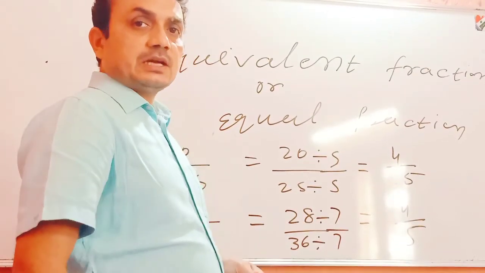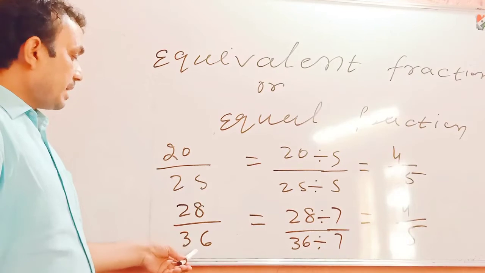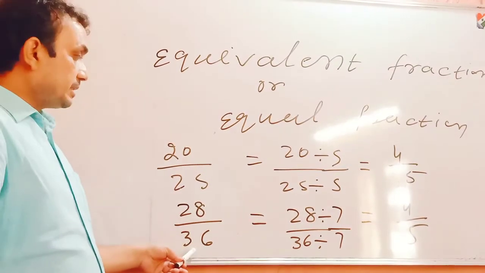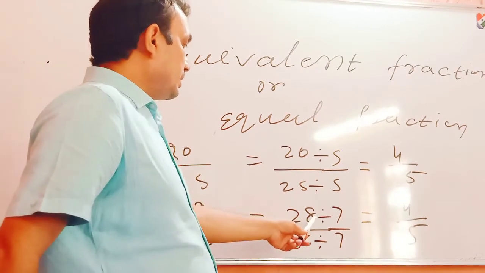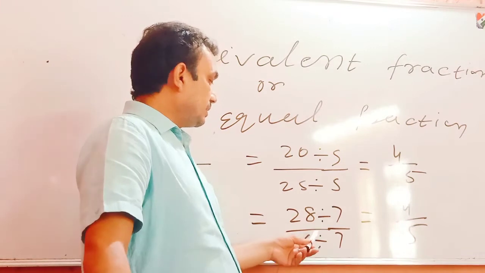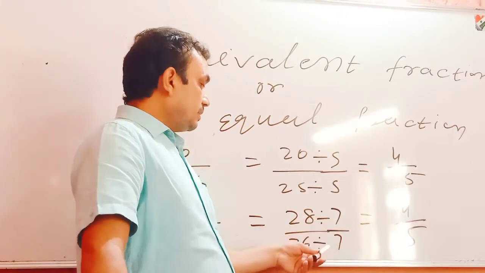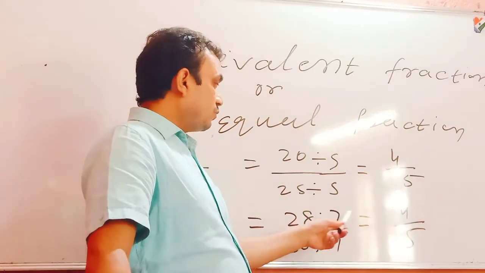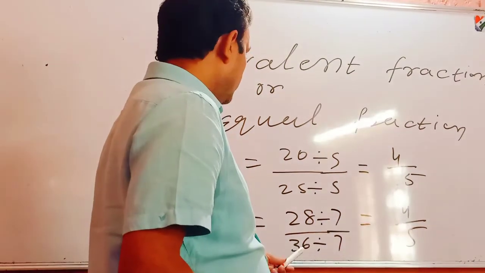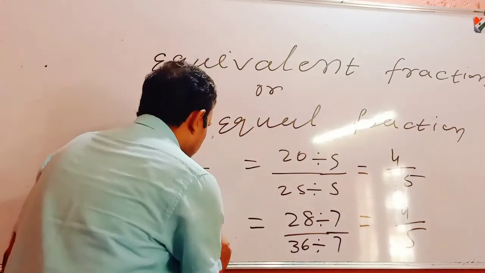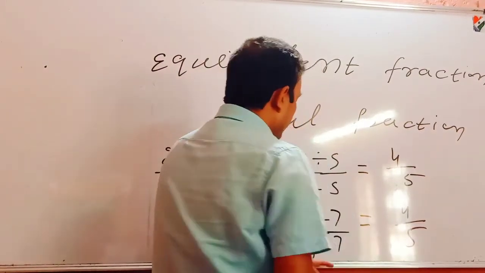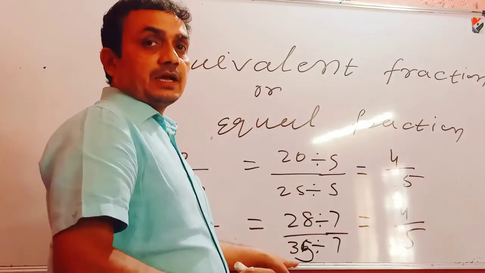Our second example is 28 by 36. The HCF of 28 and 36 is 7. Then 28 divided by 7 and 36 divided by 7 equals, 7 fours are 28 and, sorry, 35, not 36, here it is 35, and 7 fives are 35.